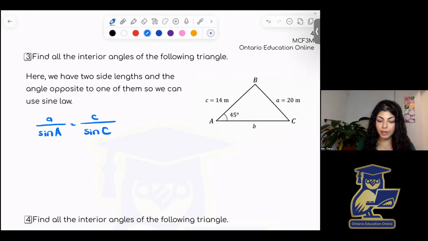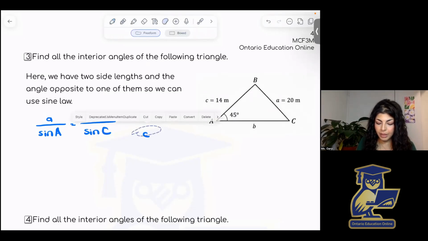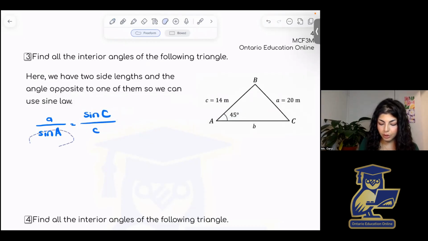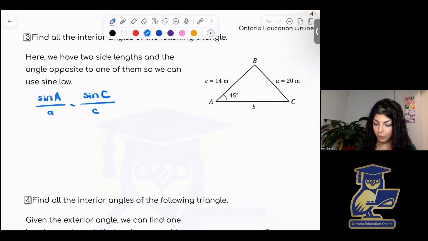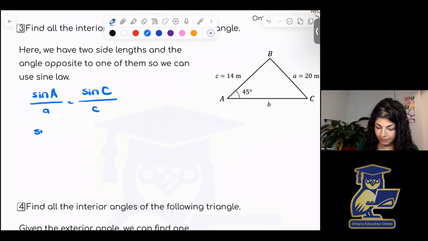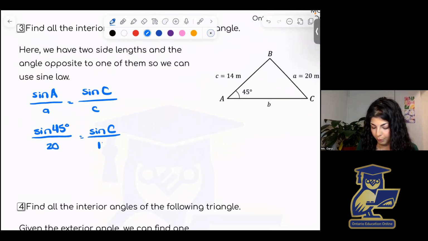Now, here's also where you can be using the reciprocal, and the reason for that is because I am solving for the angle, so then it saves me a bit of an extra step for rearranging. So I can use this here. So then I can have sine of 45 degrees over 20 is equal to sine of C over 14.